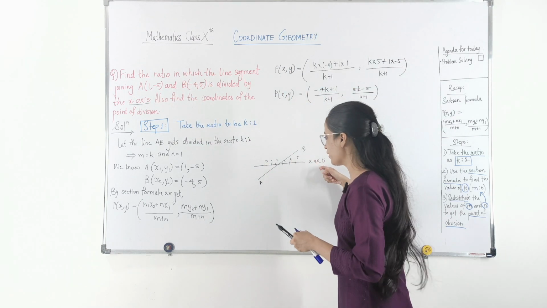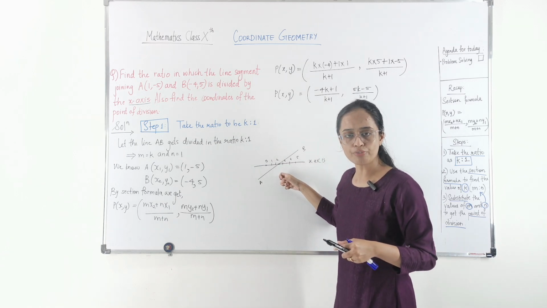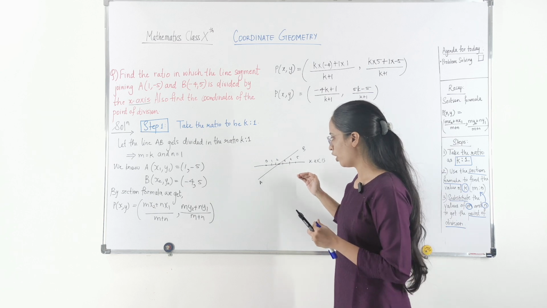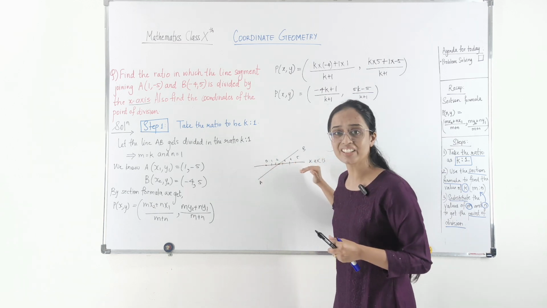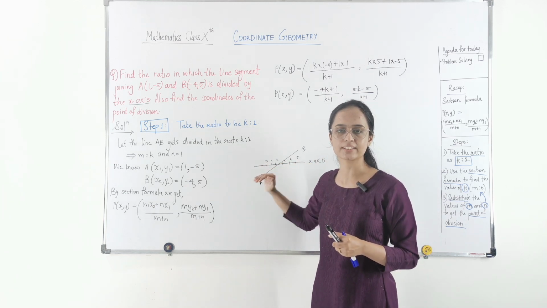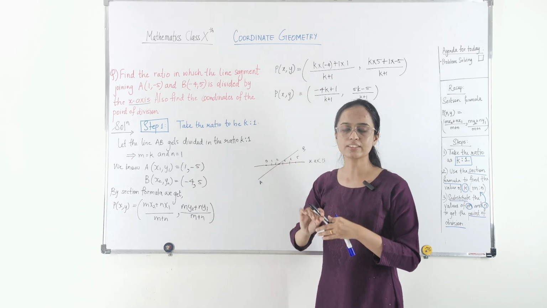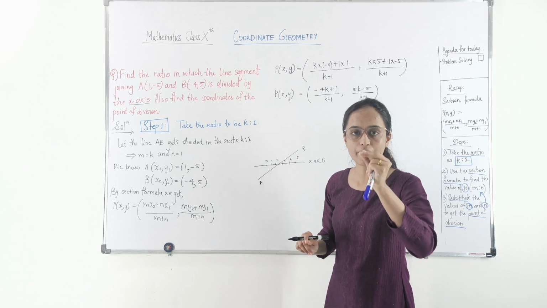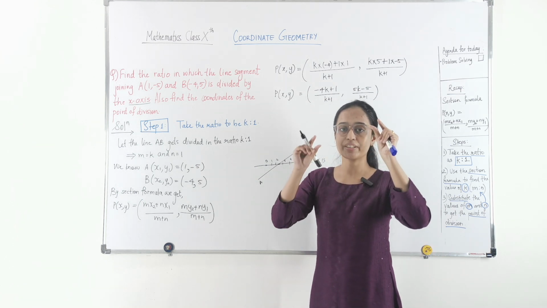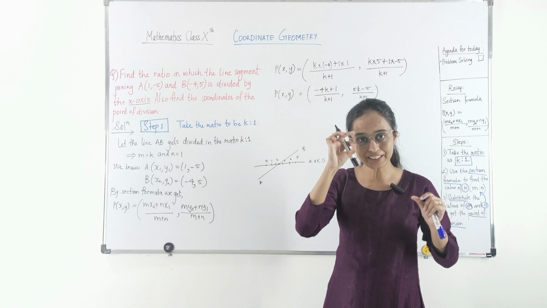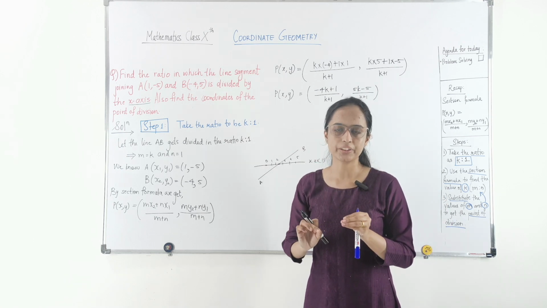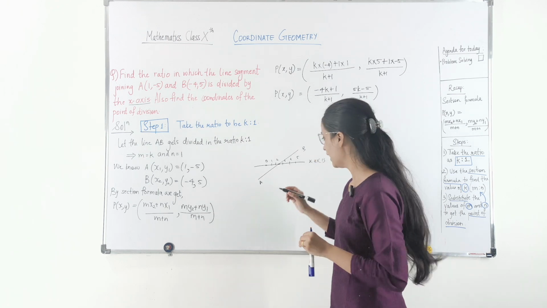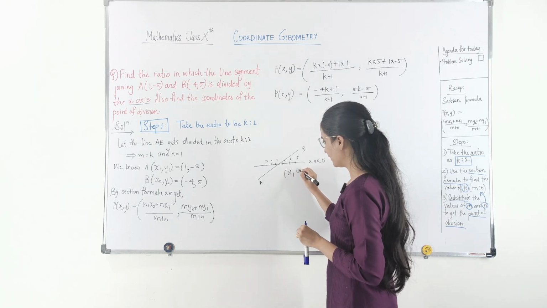But the y coordinate of a point on the x-axis is always 0, because you are considering just the points on the x-axis. The coordinates of any point on the x-axis would have some x value, but the y value would always be 0. So the general notation for any point on the x-axis is always x comma 0.